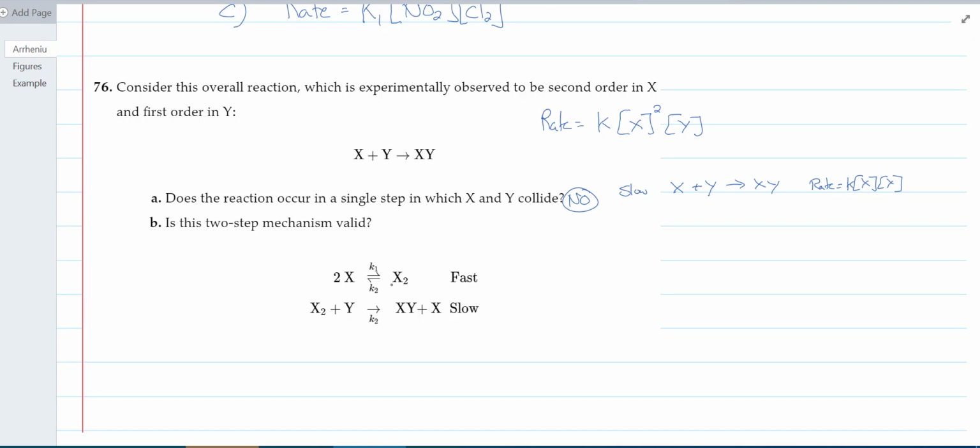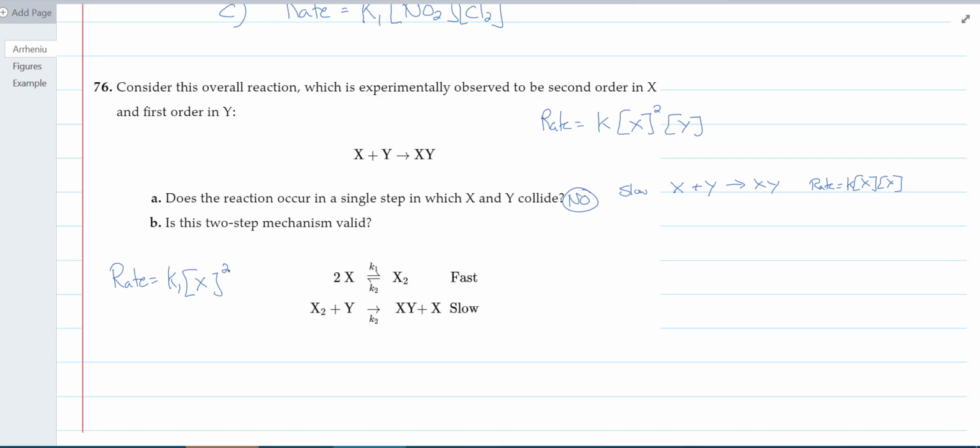So let's try this. Is this valid? How do we validate this mechanism? So using the fast equilibrium in the first step, the rate is K1 times the concentration of X squared. Nice.